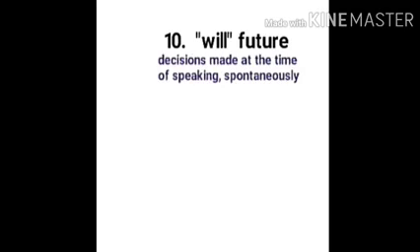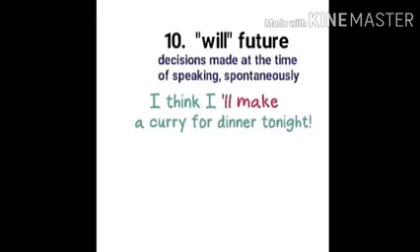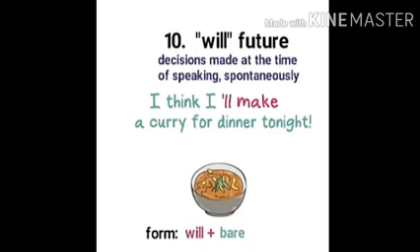So when you spontaneously make a decision, for instance, I think I'll make curry for dinner tonight. You haven't planned this, you just spontaneously decided. So notice in spoken English the will is very often contracted to I'll, he'll, we'll, etc. The form is will plus the bare infinitive, that is the verb without to.